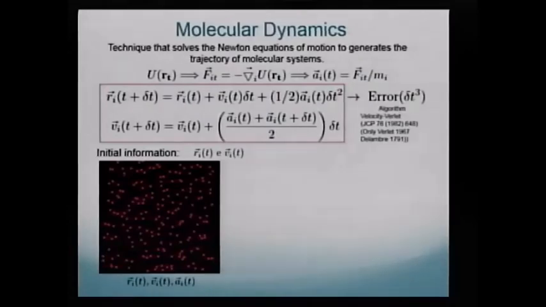So this algorithm is one of the two most used methods to integrate Newton's equation of motion. If you take a look at this equation, this is what we learn about constant acceleration in school, okay?